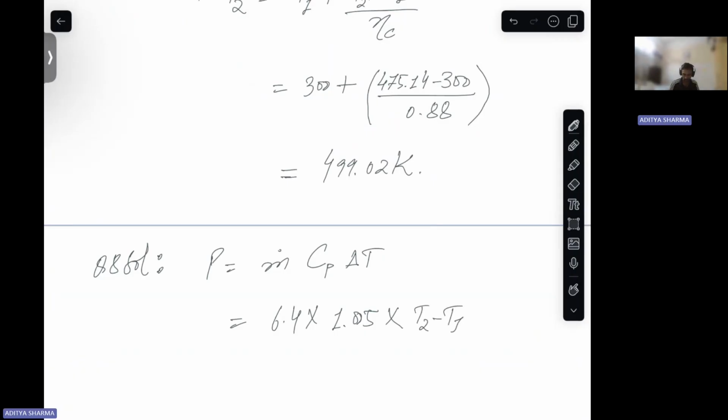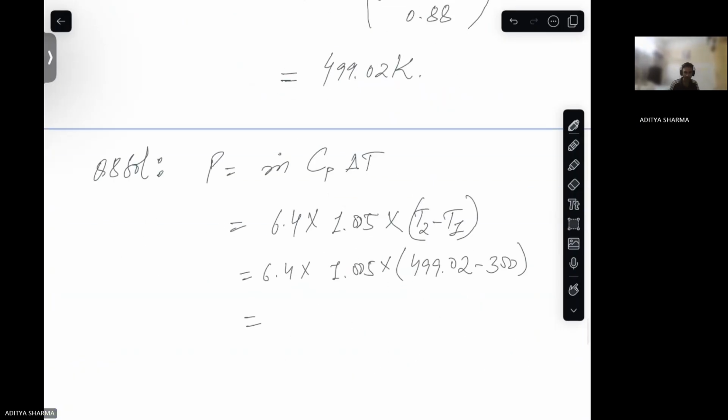T2 minus T1: 6.4 into 1.005 into 499.02 minus 300. If you calculate this, this will come as this.